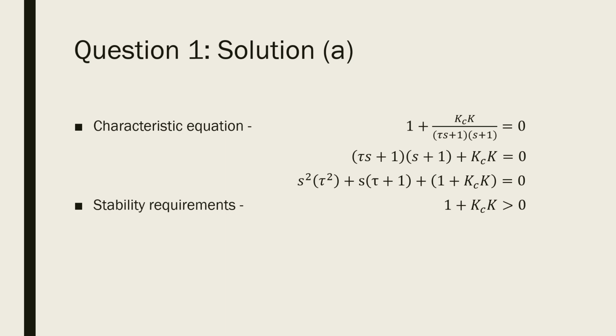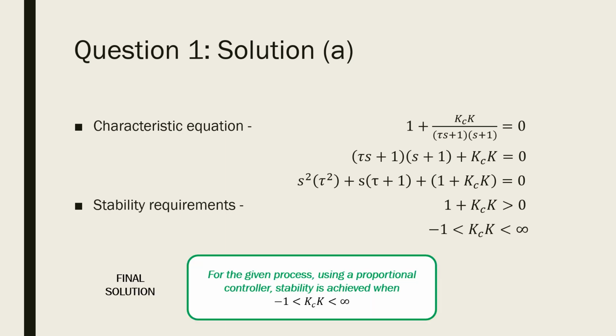Therefore, when we choose a proportional controller for this process, we must ensure that the product of process and controller gains lies between -1 and infinity. Therefore, the final solution for this part is given as follows. For the given process, using a proportional controller, stability is achieved when the product of process and controller gains lies between -1 and infinity.